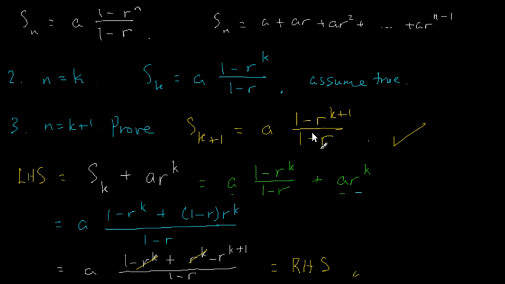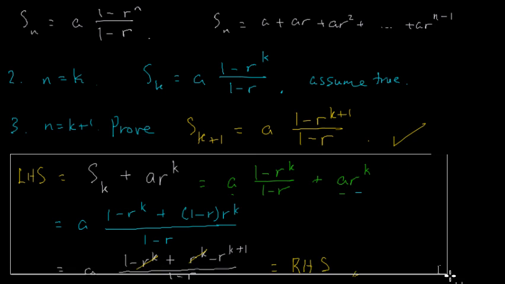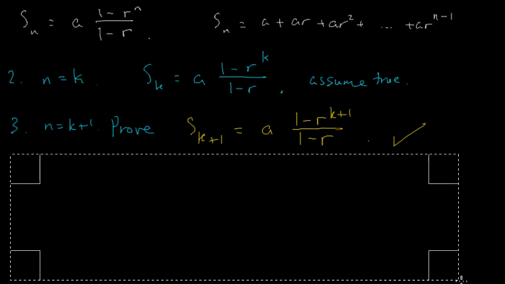So now that we've proved that this is true, we can then conclude by saying that by mathematical induction, since, okay, maybe I'll write this out. It's good to know this more clearly.